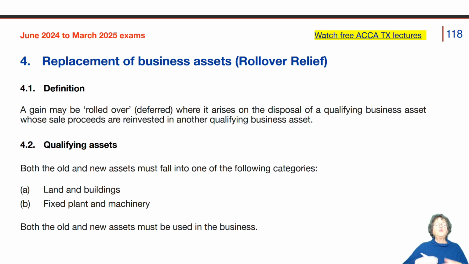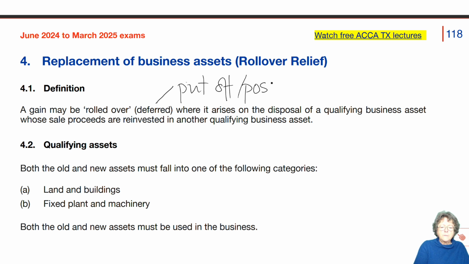So it's called rollover relief because you basically roll over or defer or put off, postpone, whatever you like to call it. It's called deferred. That's the technical term, so I would prefer it if you use that, but obviously that explains what it is.